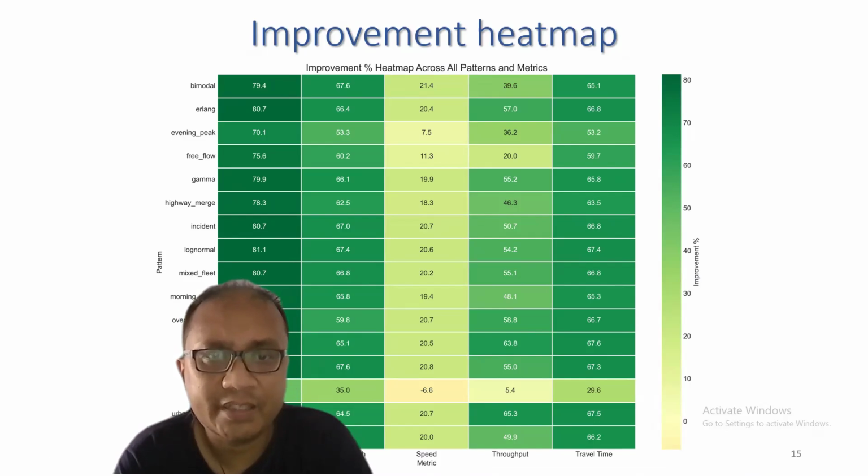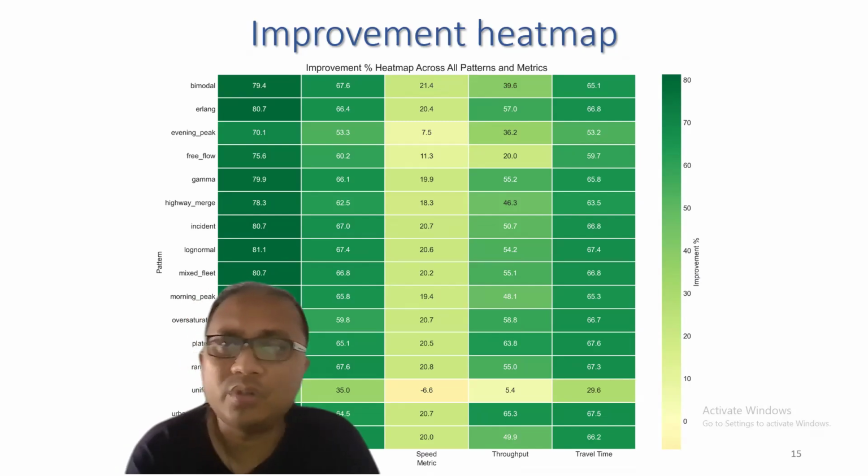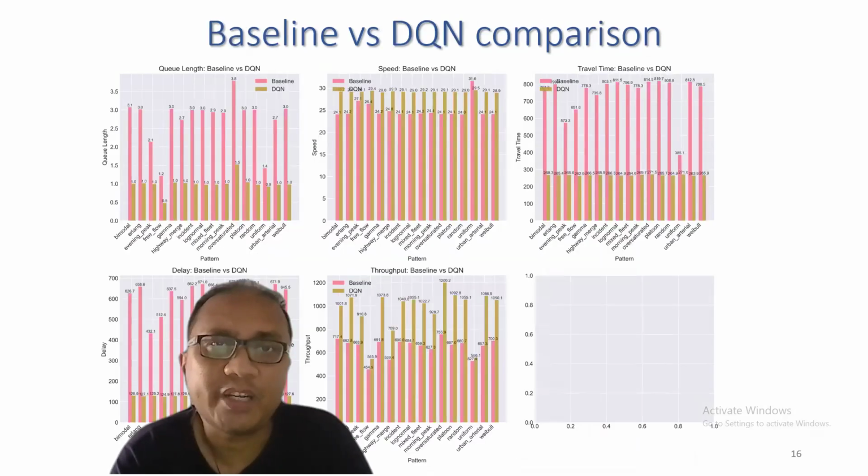However, for speed, the improvement is close to 20%, and throughput improvement is from 60 to 30, even 20 in some cases. The most improvement we can observe is in delay and queue length, and also in travel time we can see a good percentage of improvement.